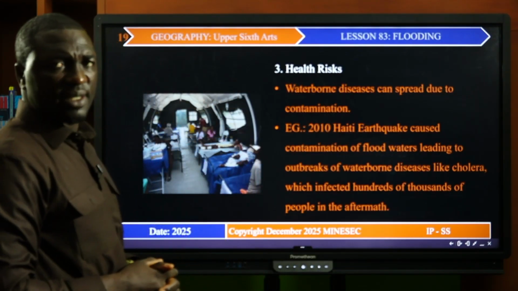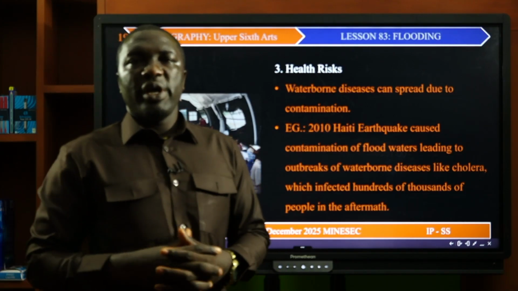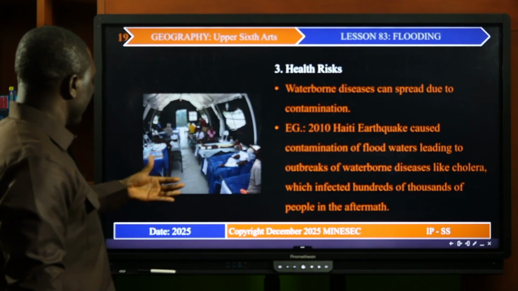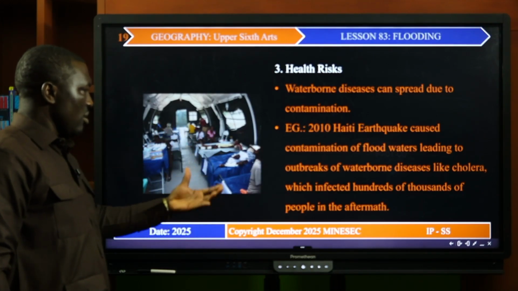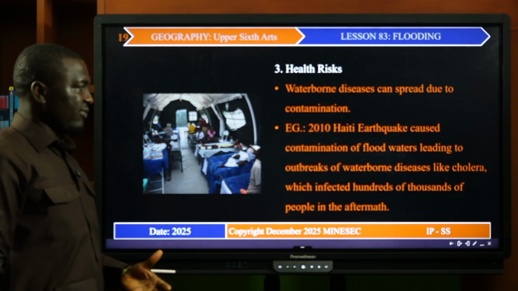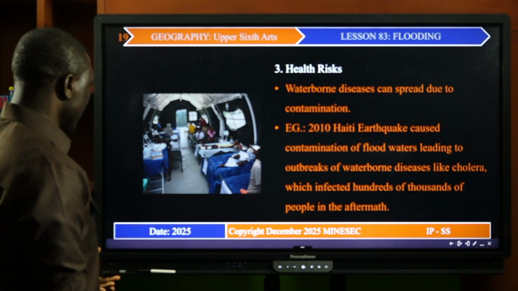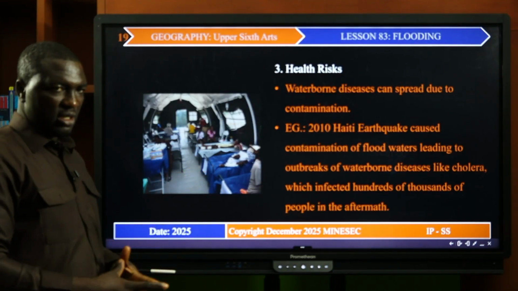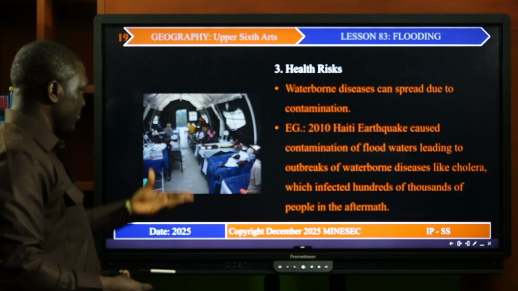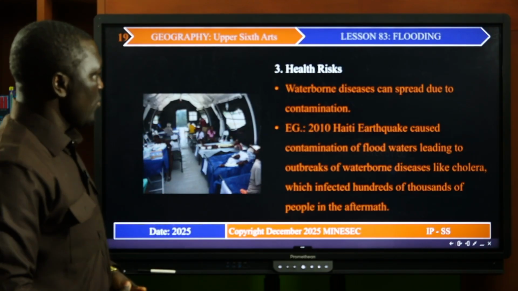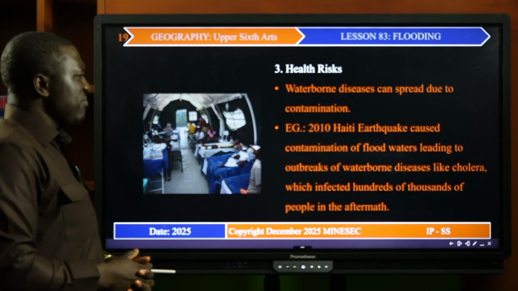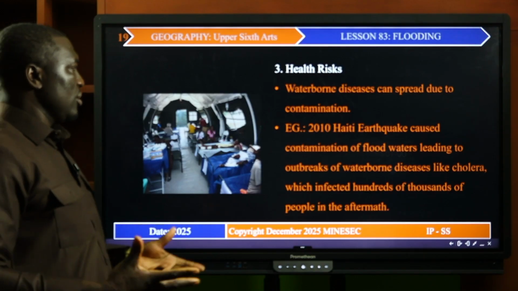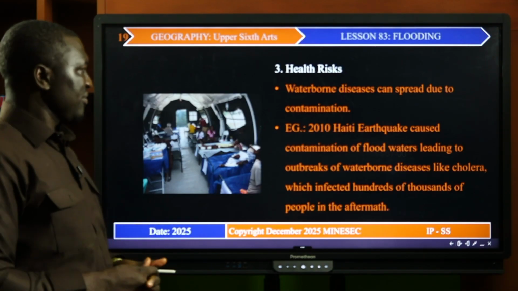Health risks. Flood leads to health risks. Look at people in the hospital as a result of injury and health risk problems sustained during floods, like waterborne diseases that can be spread, which contaminate.